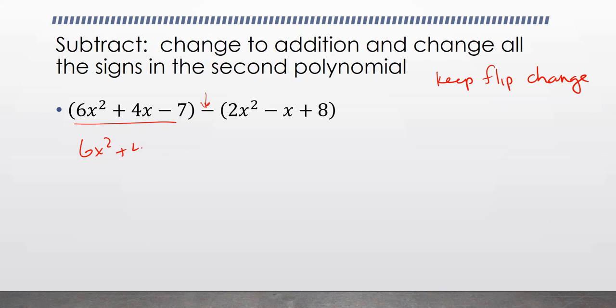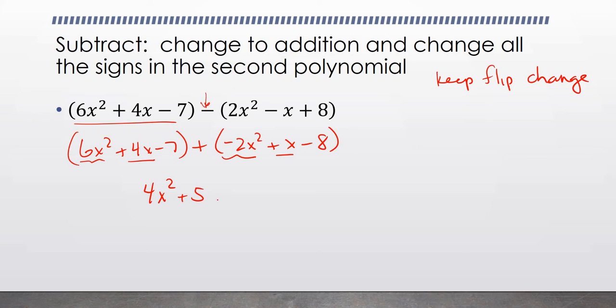So 6x squared plus 4x minus 7 plus negative 2x squared plus x minus 8. And then again, combining our like terms, 6 minus 2 is 4x squared, plus 4x plus 1x is plus 5x, and negative 7 plus a negative 8 is negative 15.